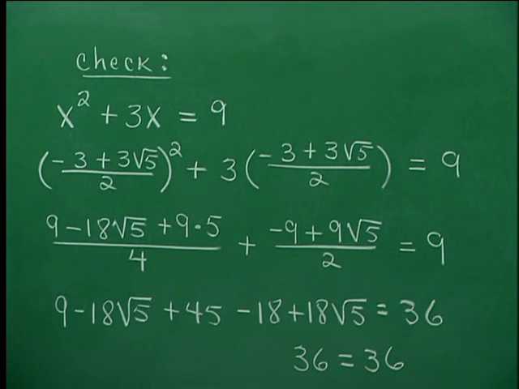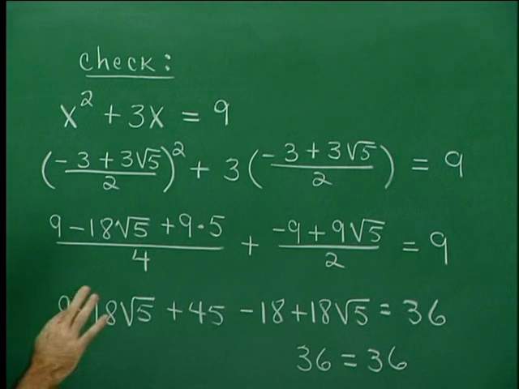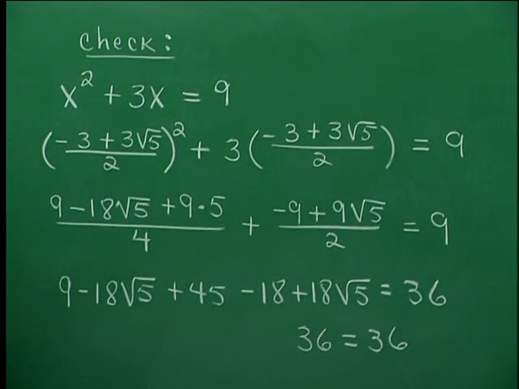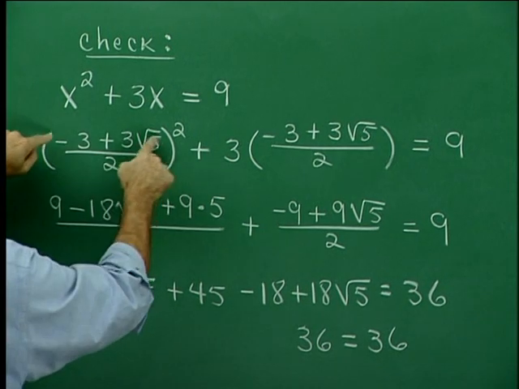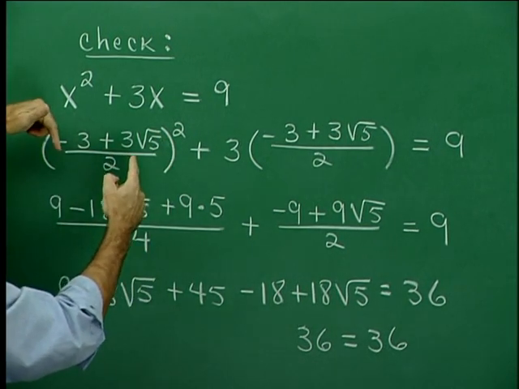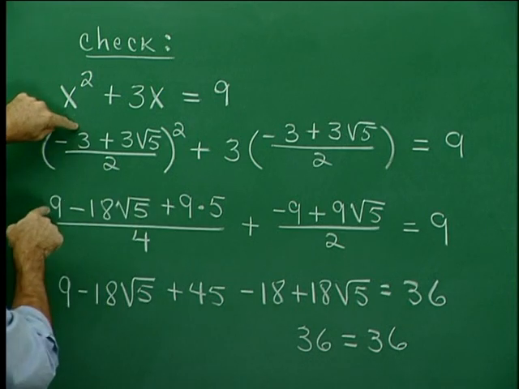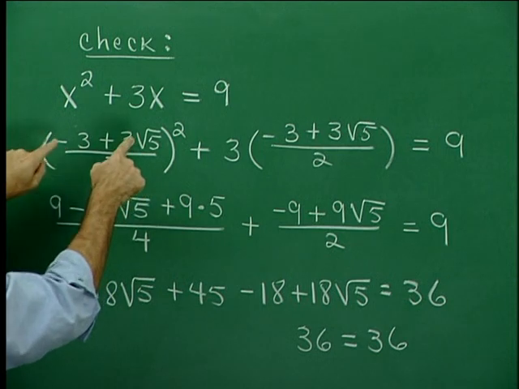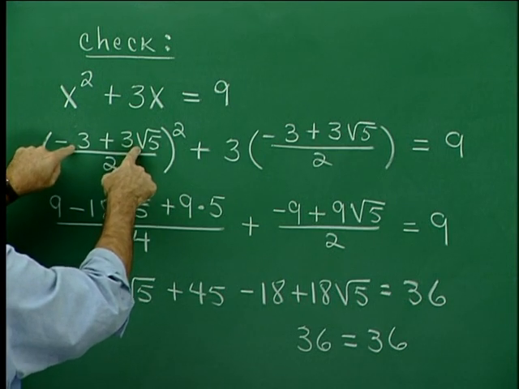Now again, I say that the algebra is a little thick here, but it's not a real big deal if we just keep track of things and write large and spread things out and stay organized. It's not a big deal. All right, squaring this binomial numerator, when we square a binomial, remember it's the first term squared, then double the product of these two. Now the product of those two would be minus 9 root 5.